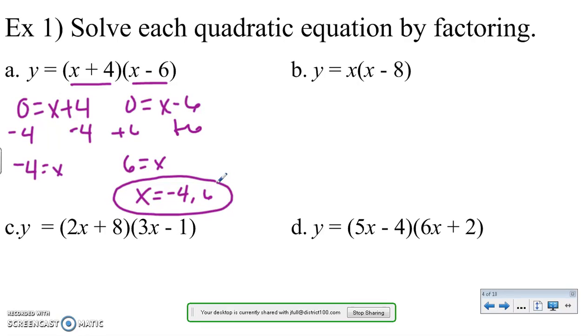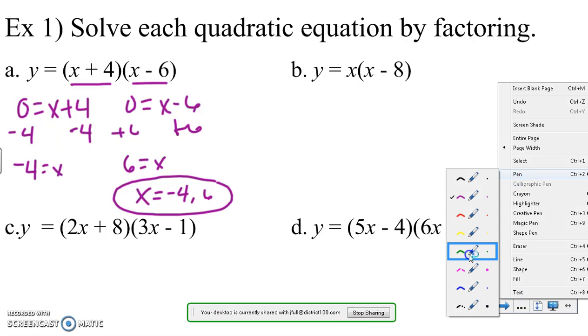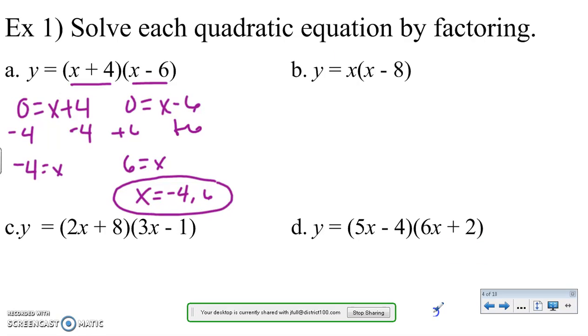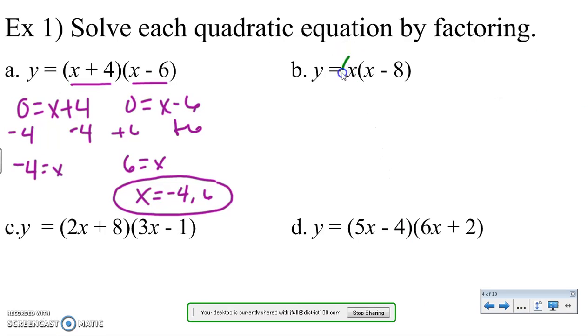Okay. The next one, notice that there aren't two sets of parentheses, but there are still two parts. This is one part here. So we're going to do 0 equals x, and 0 equals x minus 8.